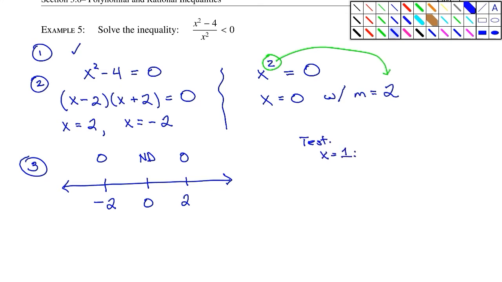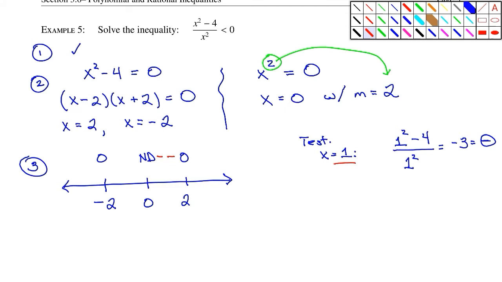So testing at x equals 1 gives me 1 squared minus 4 over 1 squared, which is -3, and of course that's negative. So we have negatives inside the interval from 0 to 2, because that's where x is equal to 1 lives.